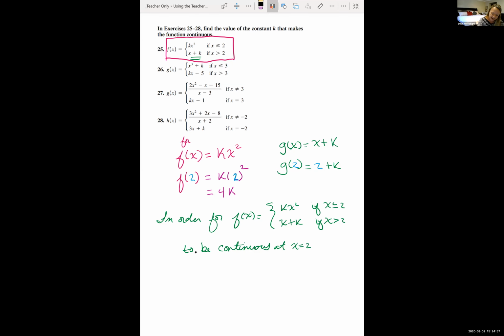This 4k has to equal this 2 plus k. So all we have to do here is figure out what that value would be for k. So we want to solve for k.